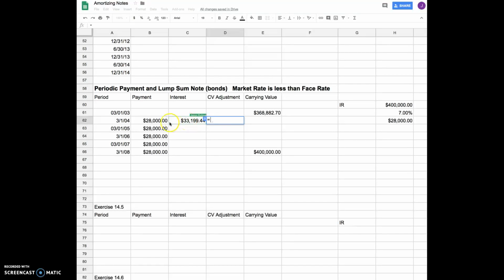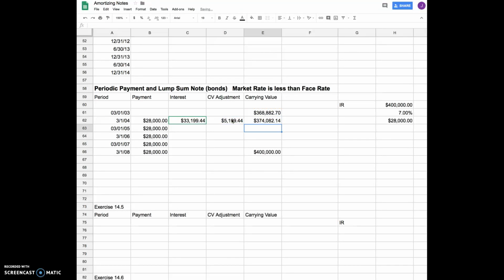I'm going to have to add to what I owe later. So I could do equal sign the interest owed minus the actual payment. That gives me what we call a carrying value adjustment. That adjustment needs to be added to the carrying value, so equal sign this plus the adjustment.